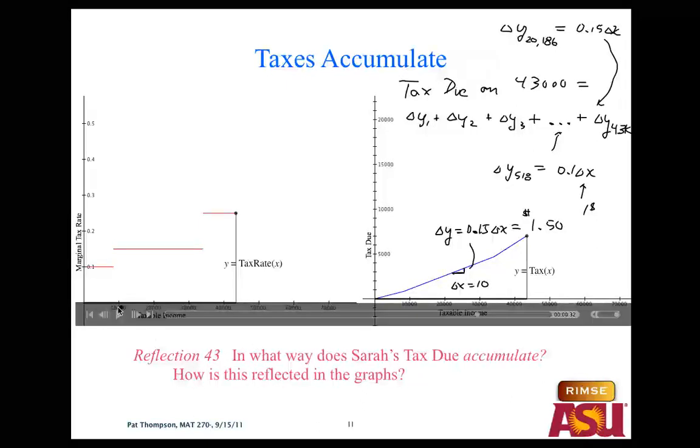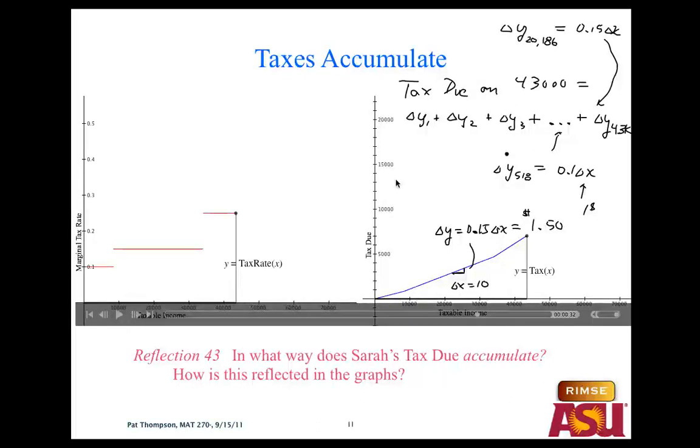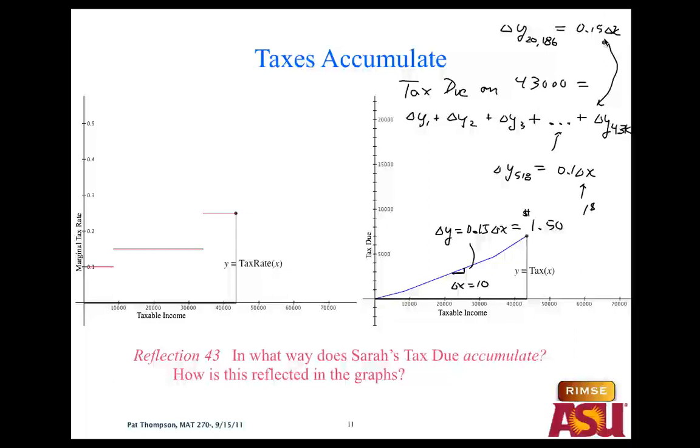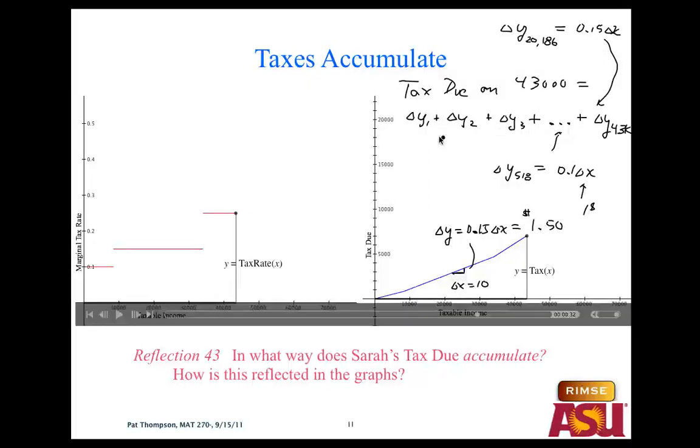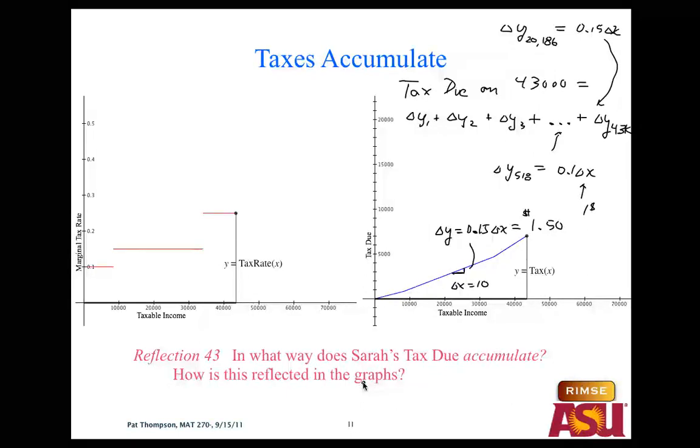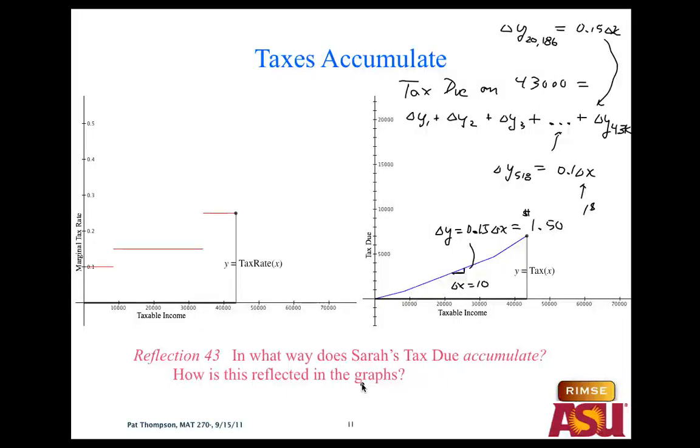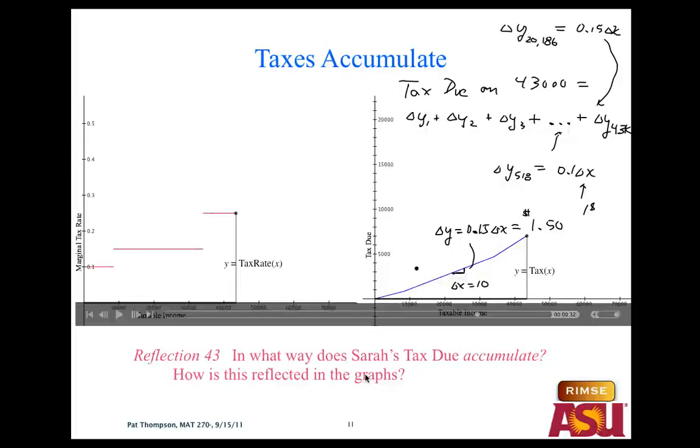But once you get to the 10,001st dollar, that's the first delta y where we switch to this rate. Then we switch to the 20,000 area, and delta y equals 0.15 times x. If you need to find the total bit by bit, would you just sum up every single one? Count from 1 to 43,000.